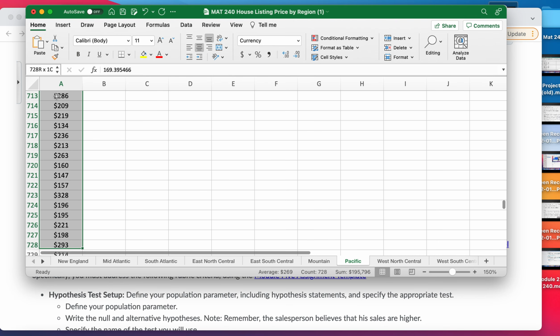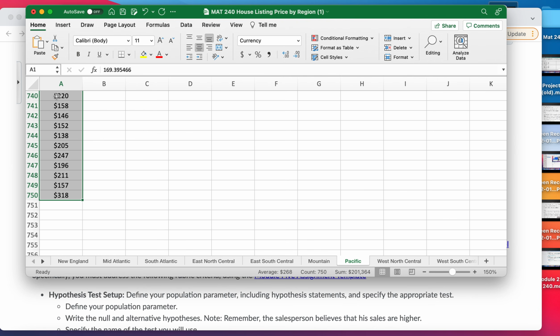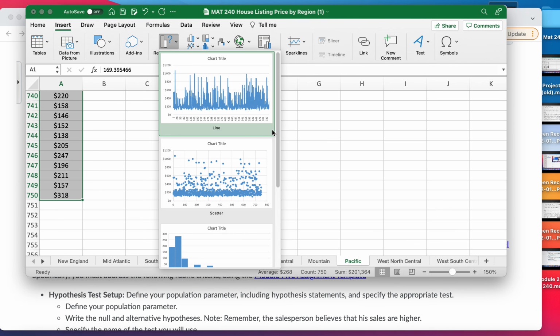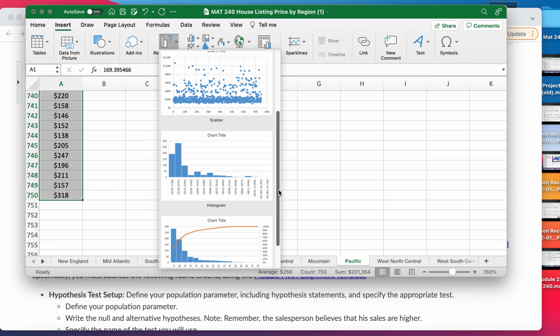So we've got all these numbers here, and we're going to let Excel do a histogram for this. We want to insert recommended charts. This is a histogram. It's a bar graph.